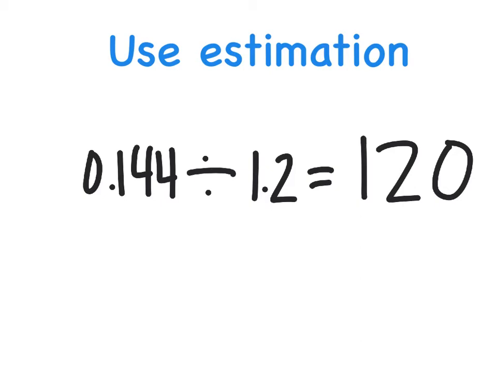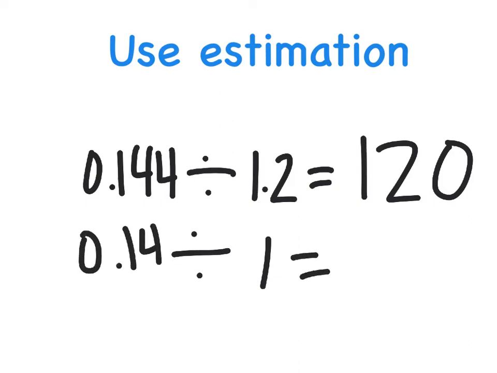I know that 1.2 is very close to 1, and to make things a little bit easier, I'm going to change 144 thousandths to 14 hundredths. 14 hundredths divided by 1 is just 14 hundredths, because anything divided by 1 is itself. So my estimate is 14 hundredths. So in order to make these digits closest to 14 hundredths, my decimal point would have to go right before the 1.